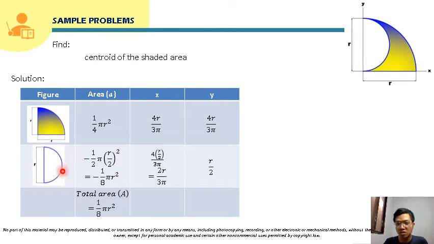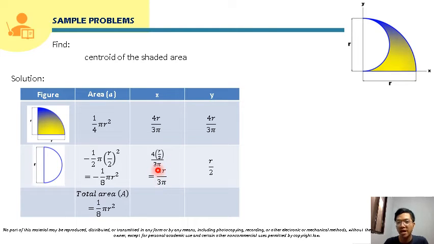Now for the semicircle, its centroid will be somewhere here. Its x-coordinate will be 4r over 3 pi, but in this case the radius here is r over 2. So 4r over 3 pi becomes 4 times r over 2 over 3 pi, so that will be 2r over 3 pi.